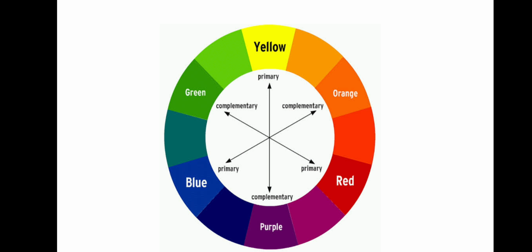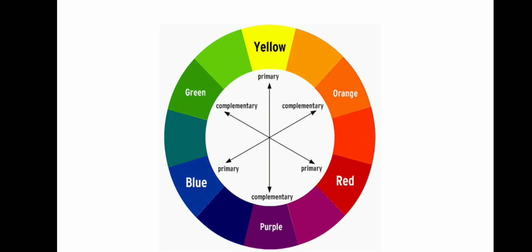If the substance absorbs all the colors of light except blue, then the color of the substance is orange. So here the complementary color of blue is orange.